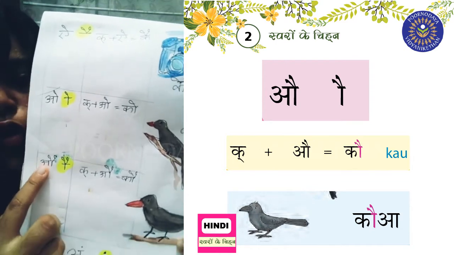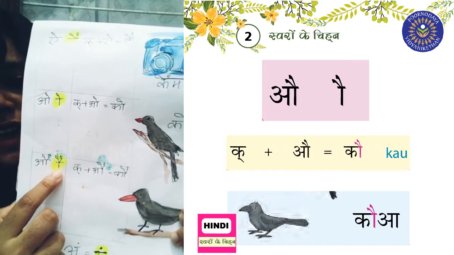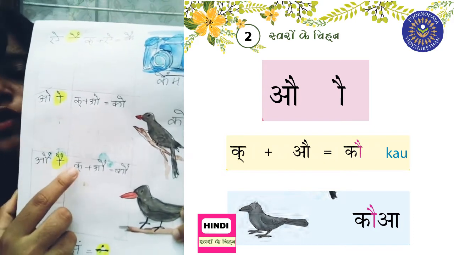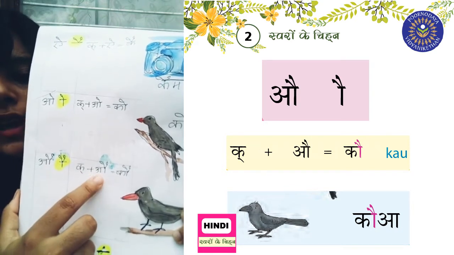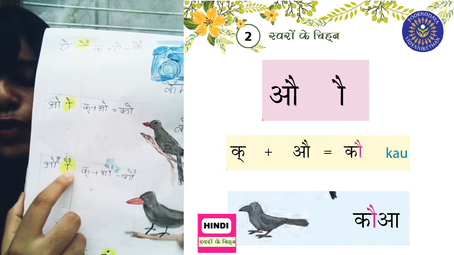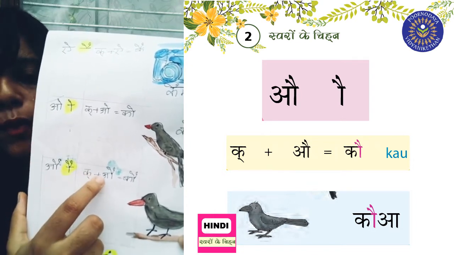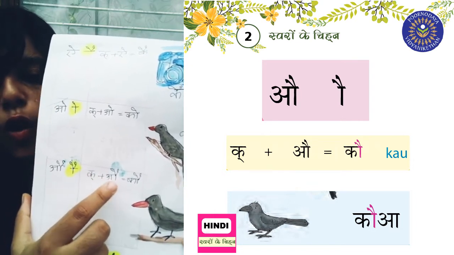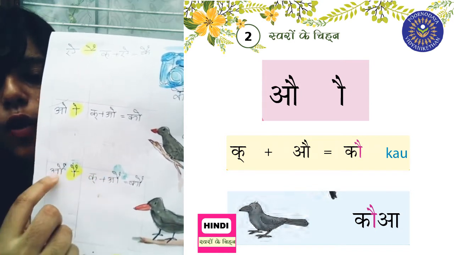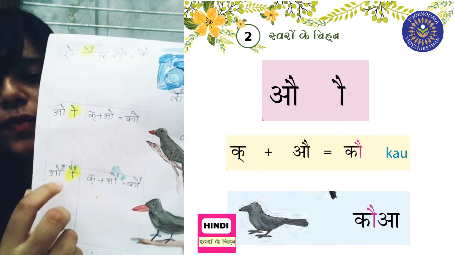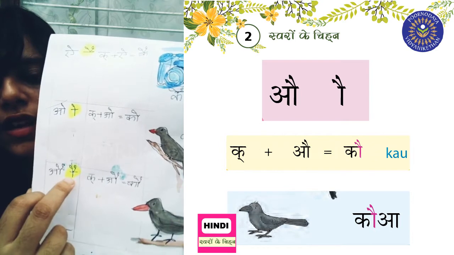Ow is written like this in form of matra, one standing line and two flags on top. So when you combine ka plus ow swar, ow gets replaced with its matra, because ow is written like this in form of matra.